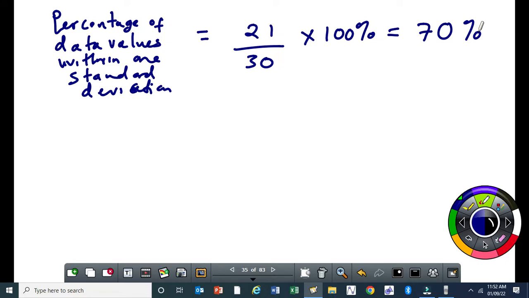So 70% of the values in the data set fall within one standard deviation.